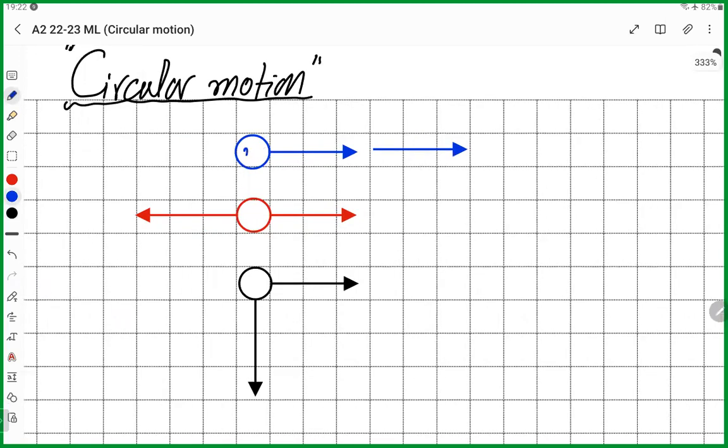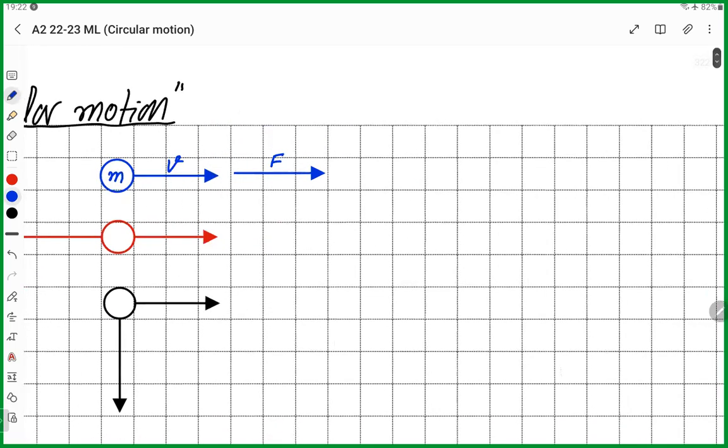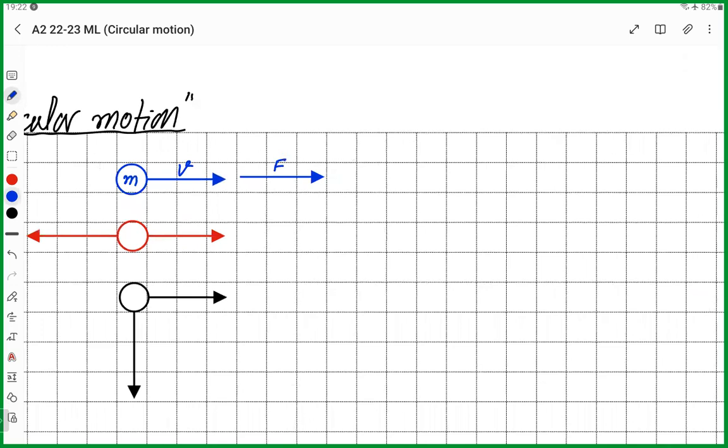This is a mass m, which has velocity v, and it is exerted by a force in the direction of velocity. So if the net force is acting along the direction of velocity, acceleration is produced in the direction of velocity, which will increase the speed of the object.